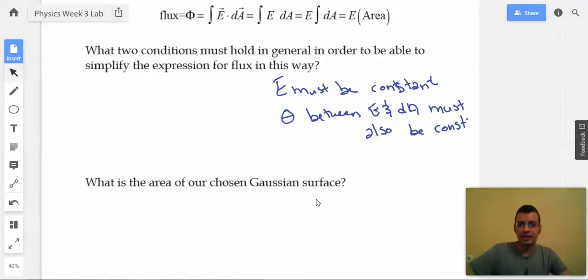What is the area for our chosen Gaussian surface? We have a sphere, and the surface area of a sphere is 4 pi r squared.